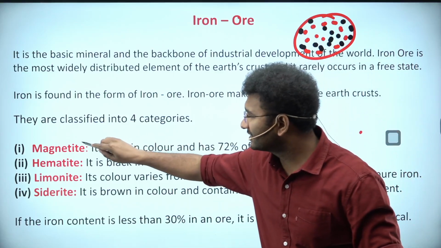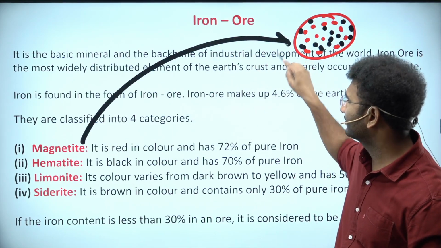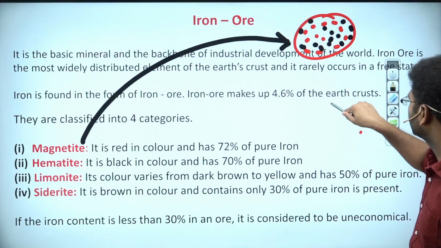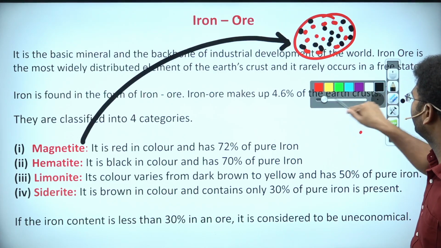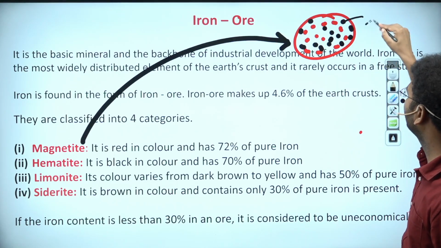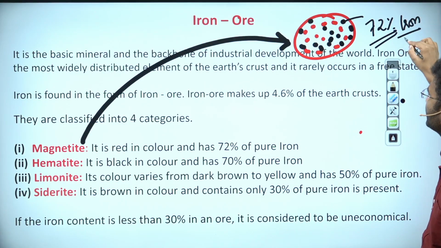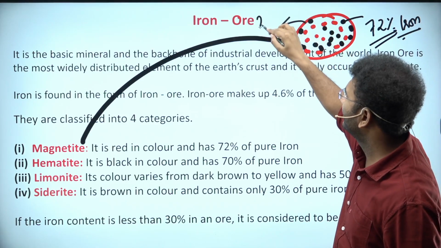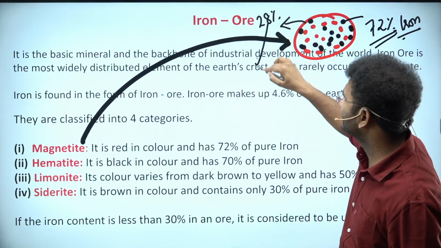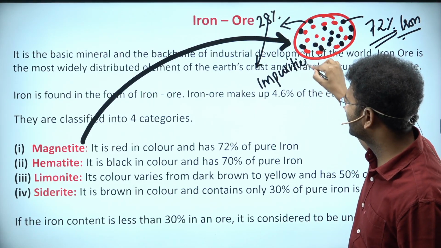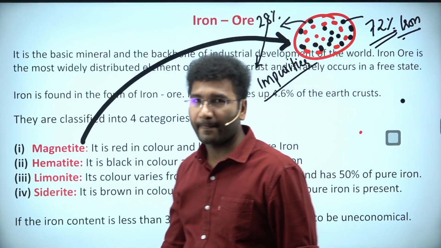Now let's say this is your magnetite. In the magnetite ore, you will have 72% iron. That means this black component is 72% iron, and the rest, 28%, is your impurities, right?